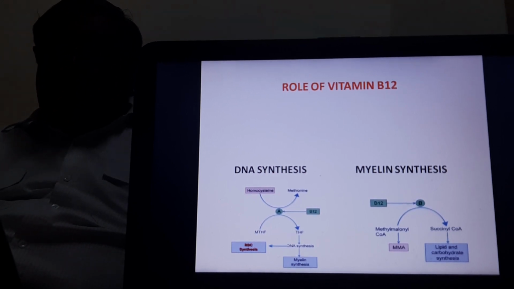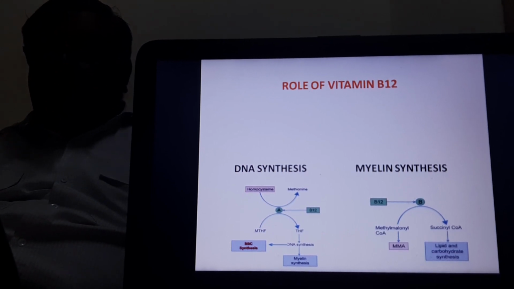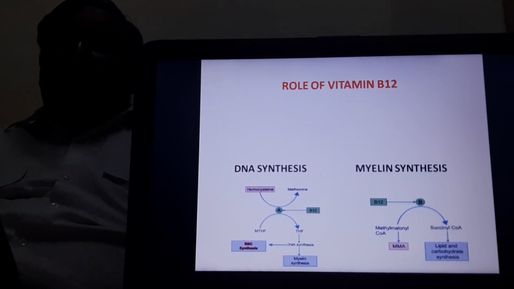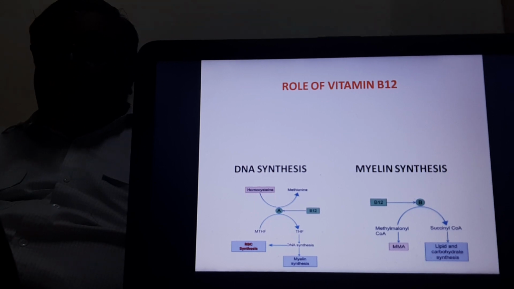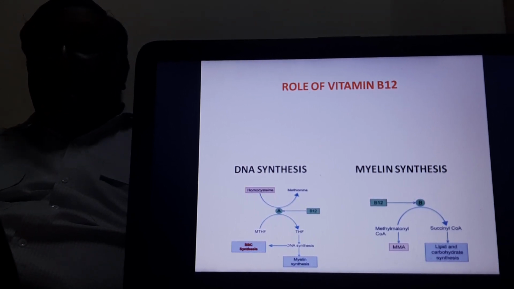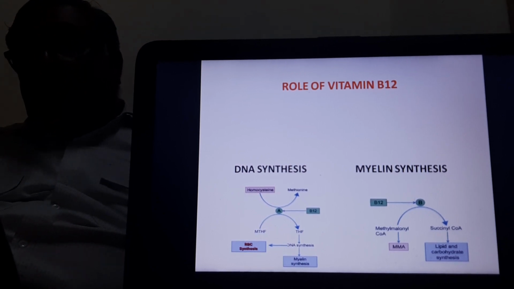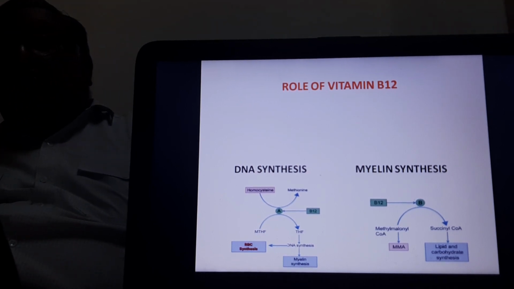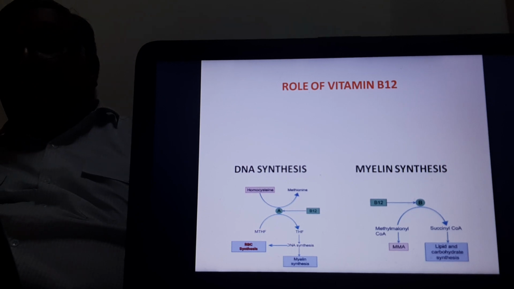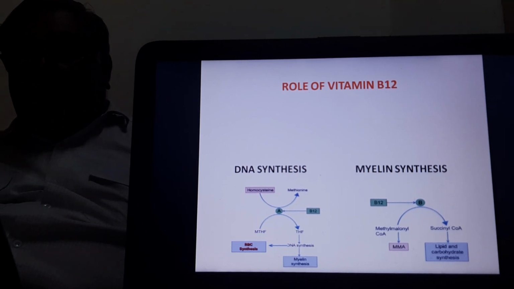Now in DNA synthesis, B12 acts as a cofactor in which homocysteine accepts a methyl group and becomes methionine. This methyl group is donated by methyltetrahydrofolate, which is a derivative of folic acid.